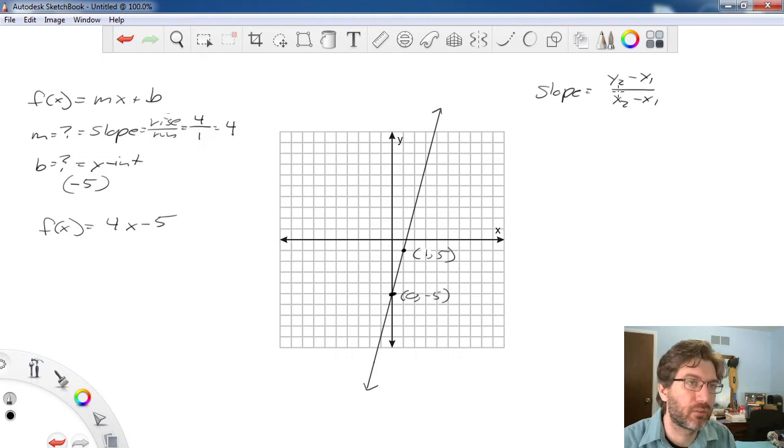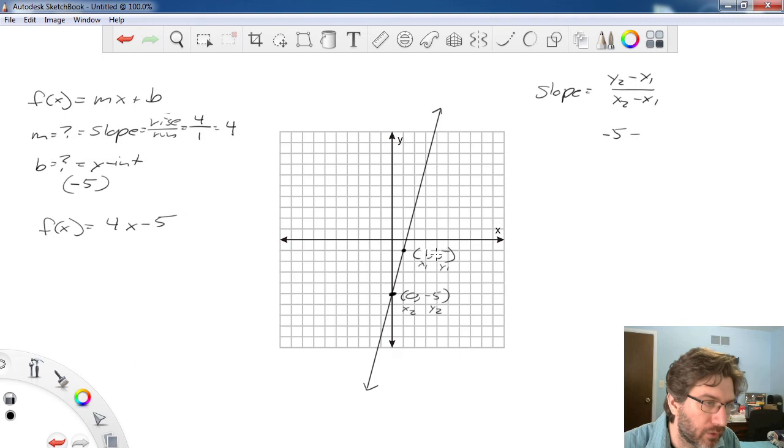And when you look at it, let's see, we'll call this y2, x2, and x1, y1. Let's put it in that order, and you're going to get y2, which is negative 5, minus, why is this a negative 5? This is negative 1. It goes down 1.